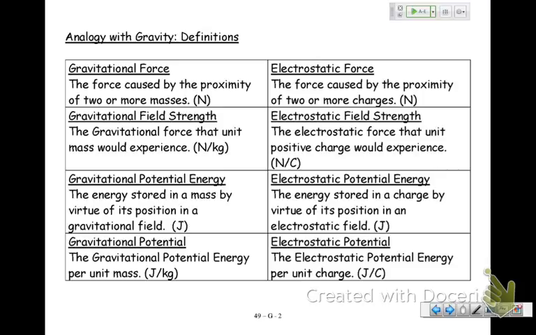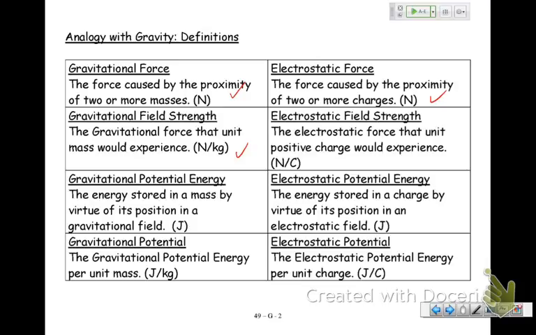So I want you, first of all, not to get confused about the definitions. Gravitational force is the force caused by the proximity of 2 or more masses, and I want you to get the analogies. So the electrostatic force is the force caused by proximity of two or more charges. And the gravitational field strength is the gravitational force that a unit mass would experience. Now, here's the confusion: you don't need the unit mass to be there. It's what it would feel if it was there. Newtons per kilogram.